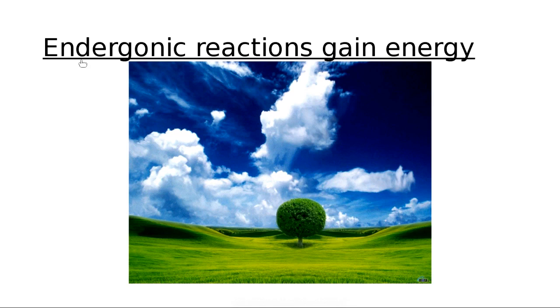So it's an endergonic reaction. Then to further the cycle of life, a cow eats the grass, it breaks down those carbon chains, reassembles them into cow carbon chains, and then you eat a hamburger, you break those carbon chains down, and when you breathe out your carbon dioxide, basically you're breathing out the carbon dioxide that came from the cow, that came from the grass, that came from the atmosphere.